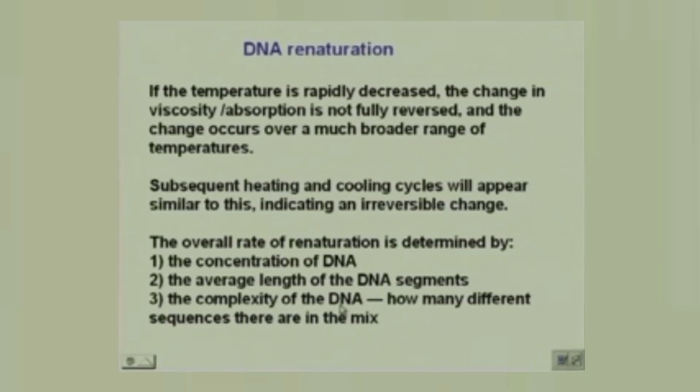So, it might not always be possible to find the same stretch of DNA that is going to form the double helix back together again. Okay. So, we have the overall rate of renaturation determined by these specific factors: the concentration of the DNA, the average length of the DNA segments, and also the complexity of the DNA.